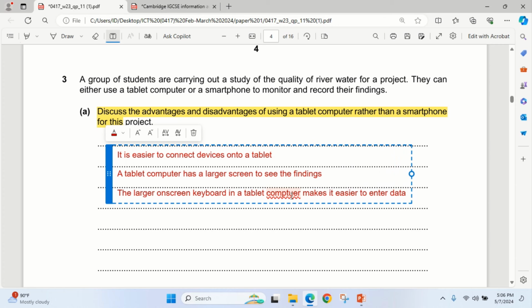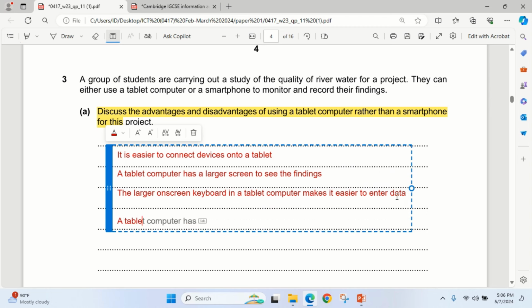Then you could also add that it has better software. A tablet computer has better software suited to the task.